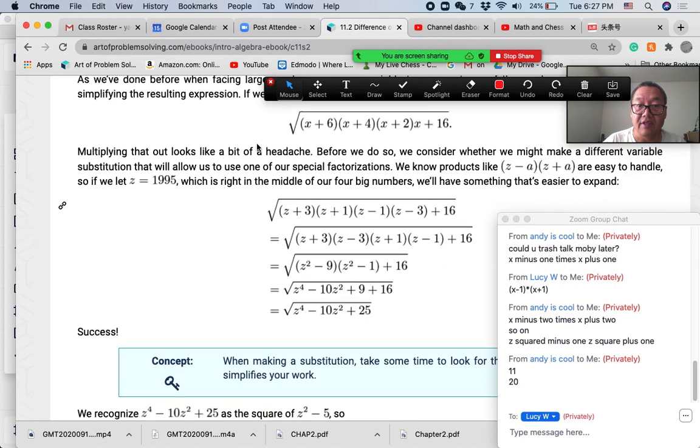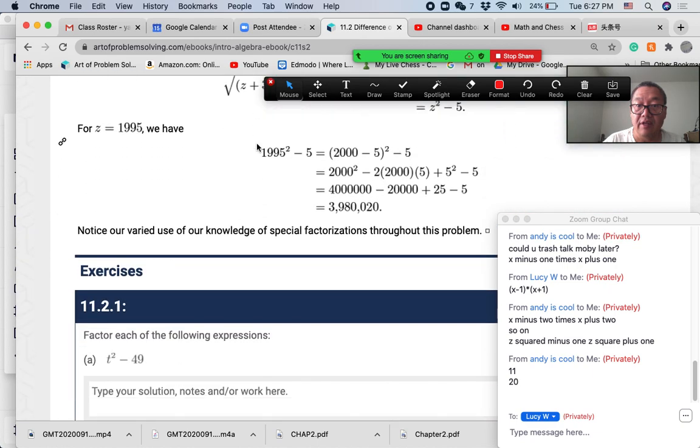Now let's see this. Later, we got 1995 minus 5. To continue to calculate this number, you can write it like 2000 minus 5, then parentheses squared.